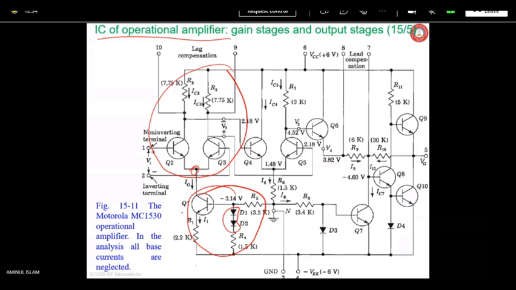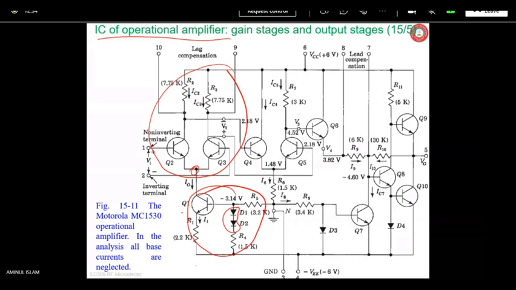Widlar designed an op-amp at National Semiconductor Corporation. The op-amp is called LM108, using super gain transistors in the input stage. Current gains of about 5,000 can be obtained at 1 microampere collector current. For this transistor, we find from the equation that HIE equals 130 mega ohm.